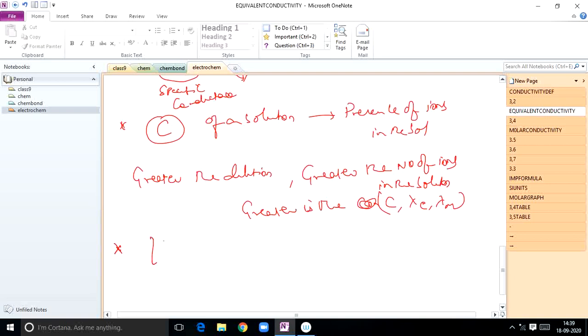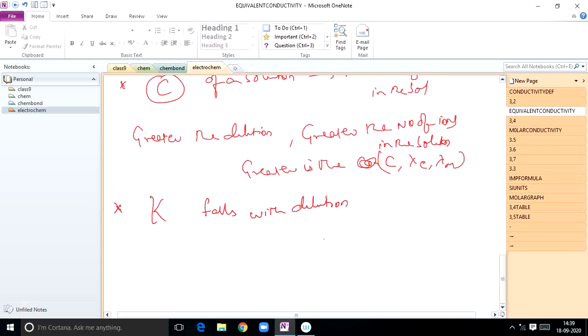Specific conductance, kappa, of an electrolyte falls with dilution. What is the reason? Specific conductance falls with dilution. What does it mean?